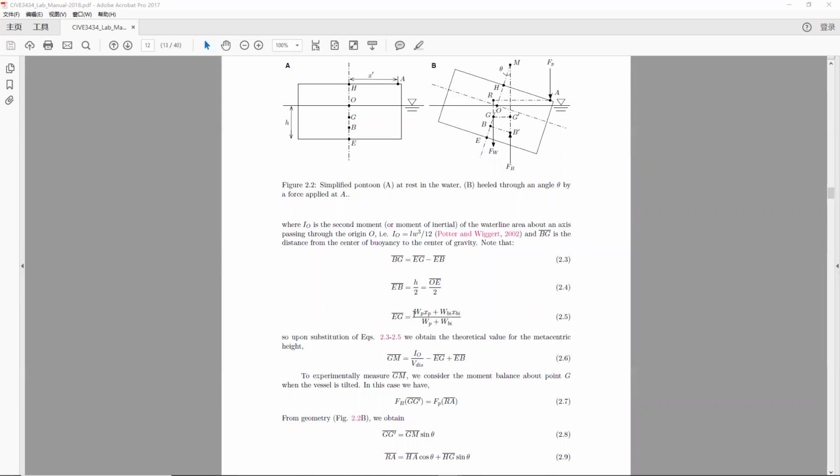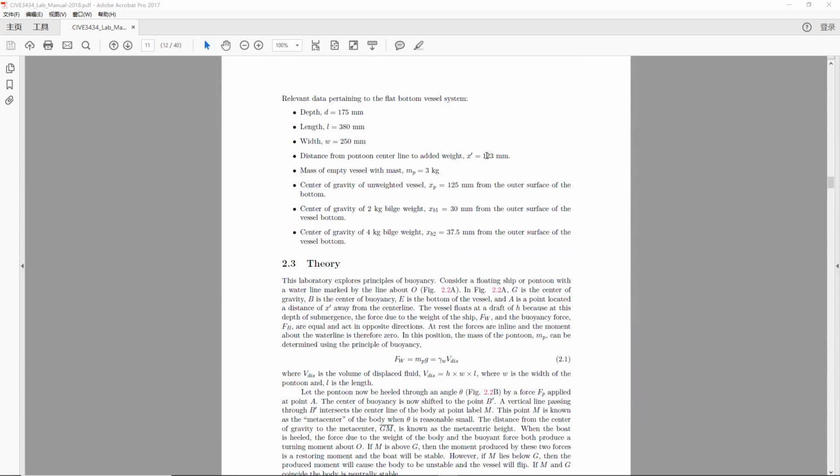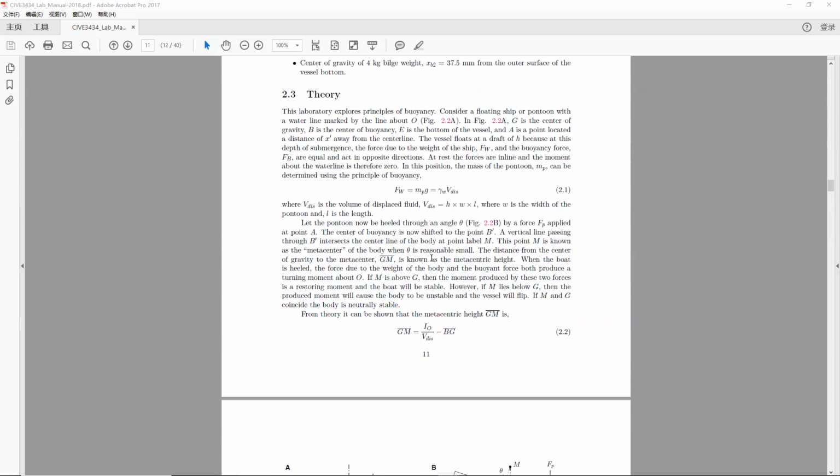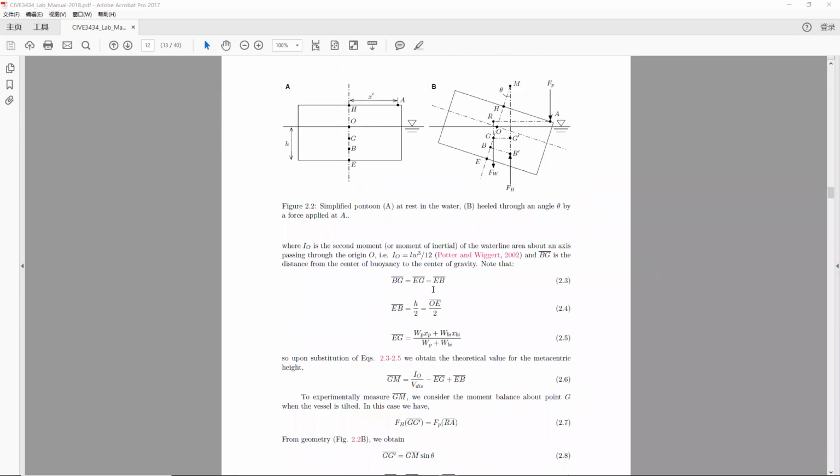WP is the vessel weight, and XP is given. XP is 125, which is the center of gravity of the empty vessel. Let's draw a line.